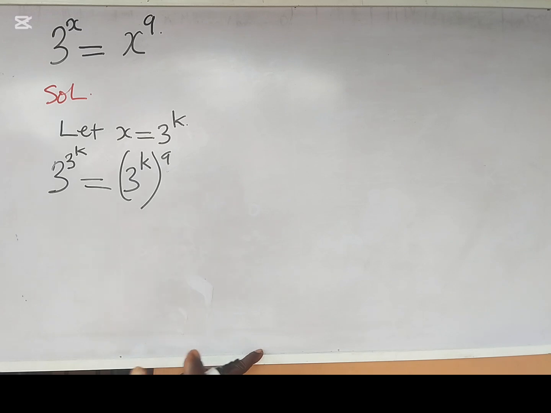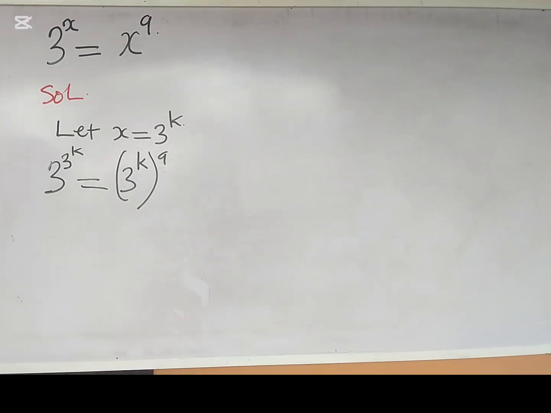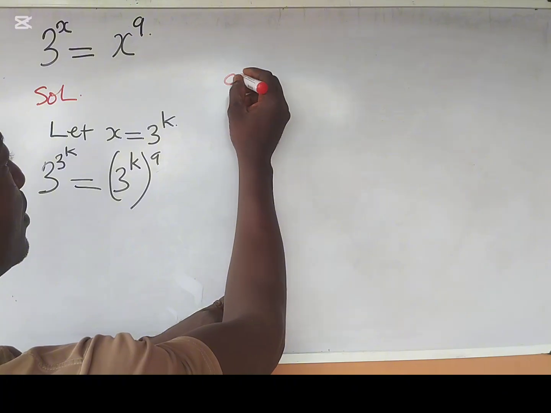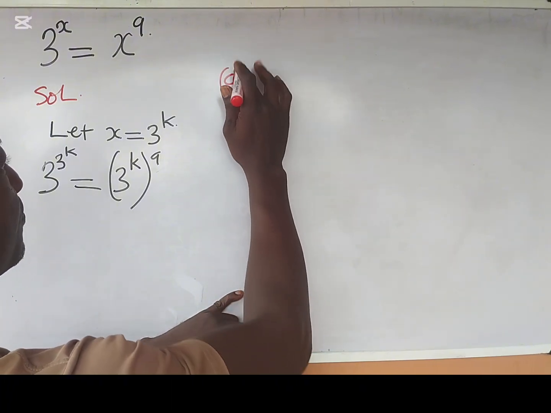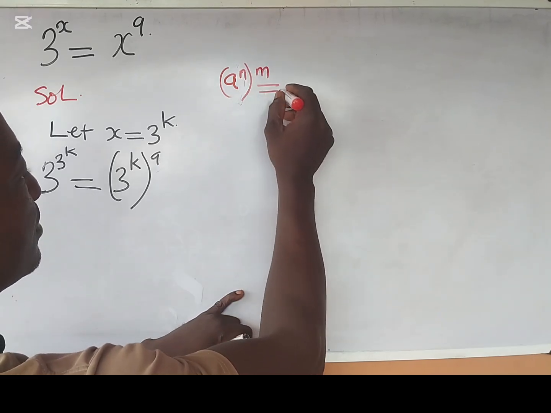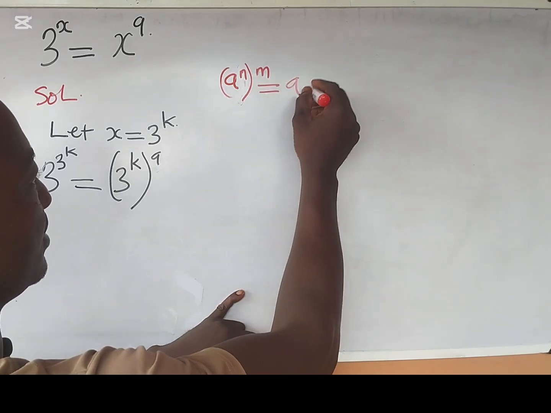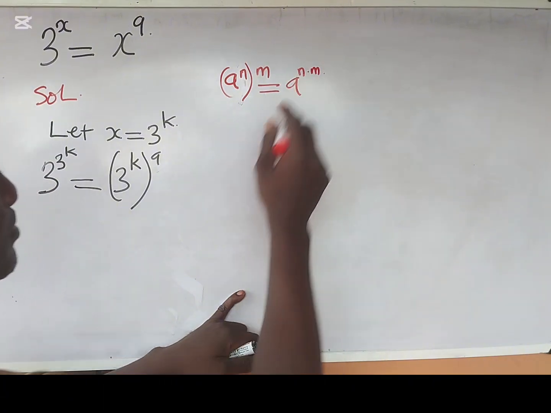If we apply the exponent rule of indices, the rule states that if we have a raised to the power of n, into brackets m, we can write it as a raised to the power of n times m.